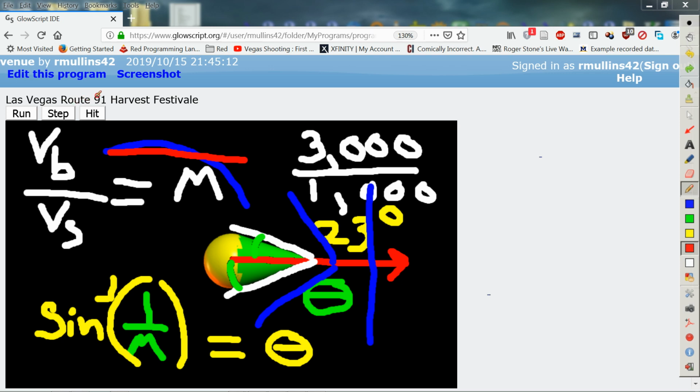It goes above it a little bit and then comes down, and this is typically what they call the zero point, and that's where you adjust your scope to, and you can adjust it at any yardage. As the distance increases, the bullet gets slower, and you have to adjust your scope to compensate for that.